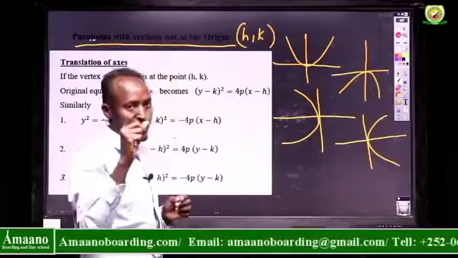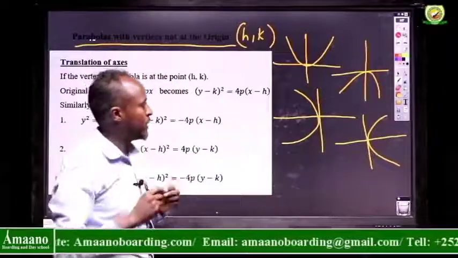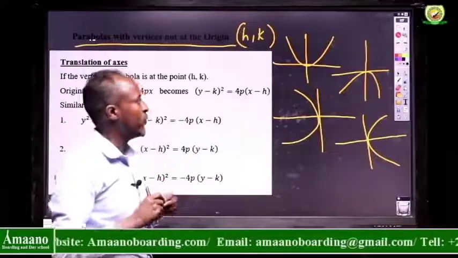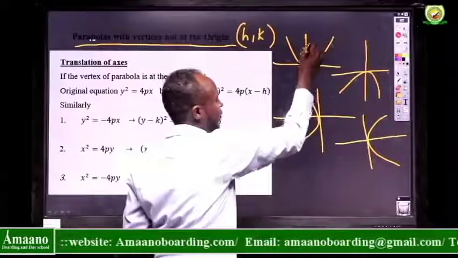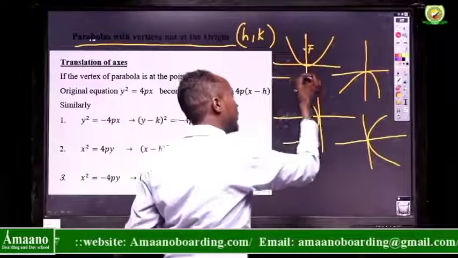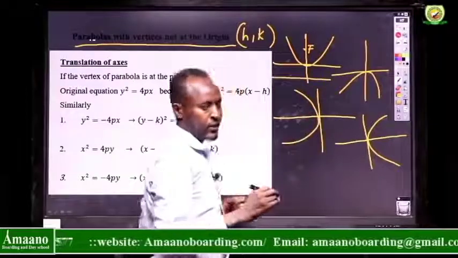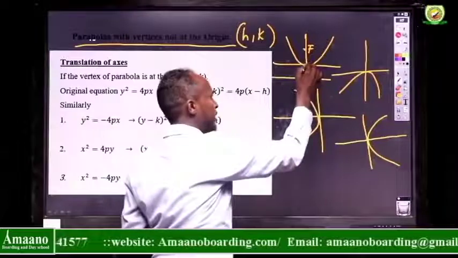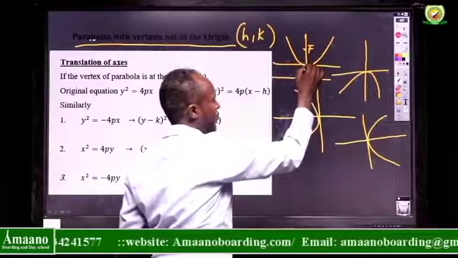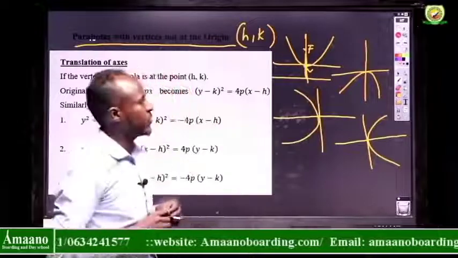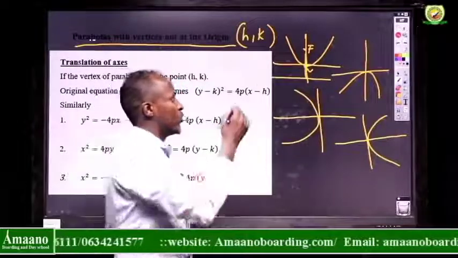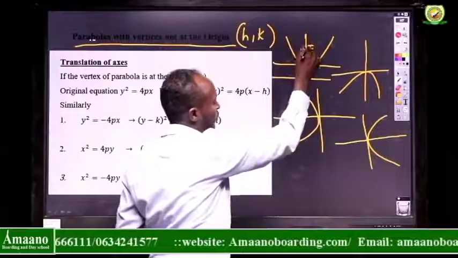The definition of a parabola is the set of points that are equidistant from a fixed point, called the focus, and a line which is called the directrix. Therefore, the distance from the vertex to the focus is the same as the distance from the vertex to the directrix. Also, let me tell you one new piece of information.